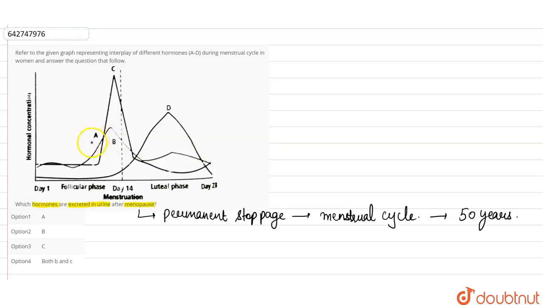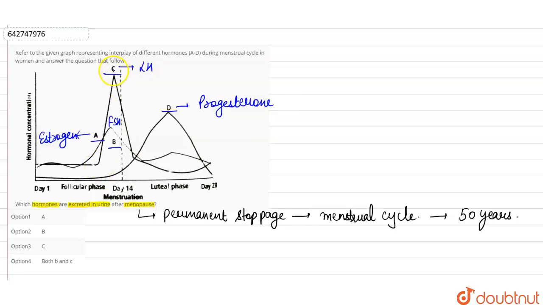So we discuss the different labelings here. The A labeling represents the hormone estrogen, B represents the hormone FSH, C represents the hormone LH, and D represents the hormone progesterone. How do we know these are the labelings?